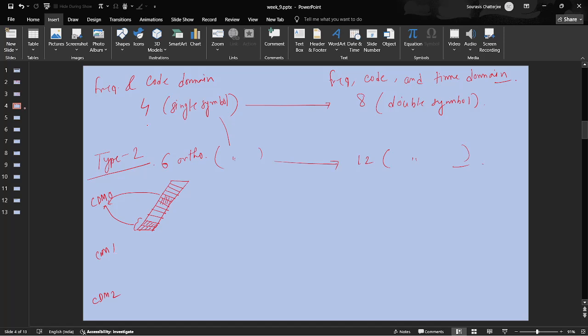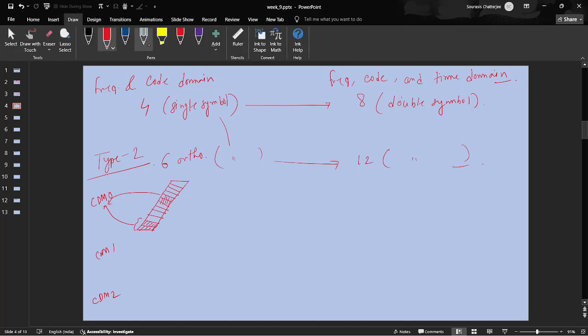Similarly CDM1 using these two neighboring subcarriers. And CDM2 is about using these two.